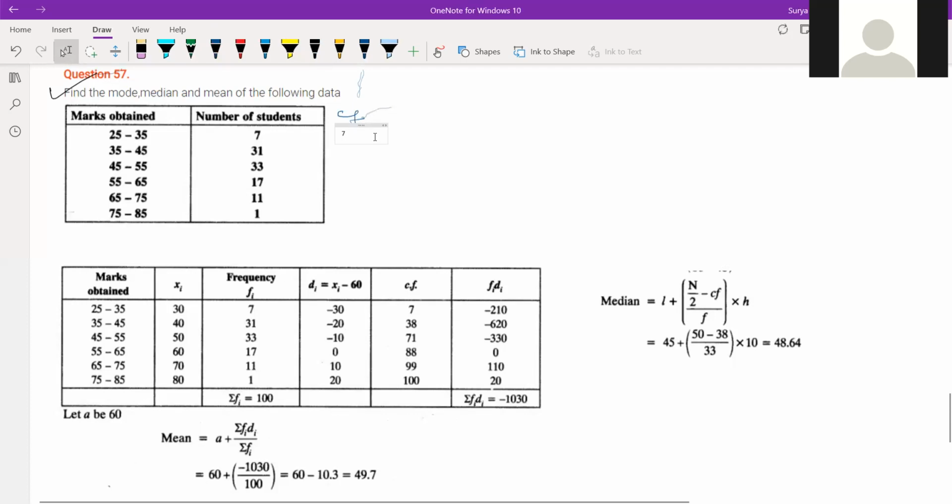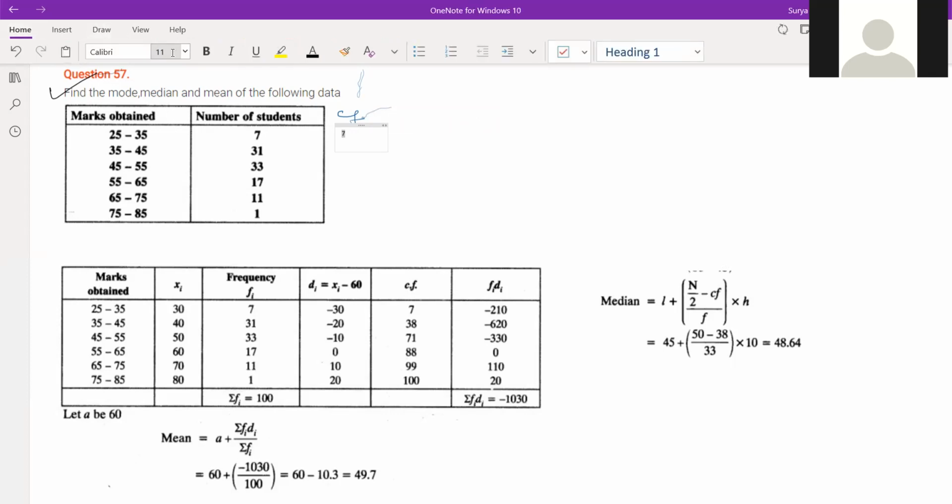First will come 7 only as CF, then after CF what will come? This is 7, after this what will come? Then the next one will come 31 plus 7, 38, right?